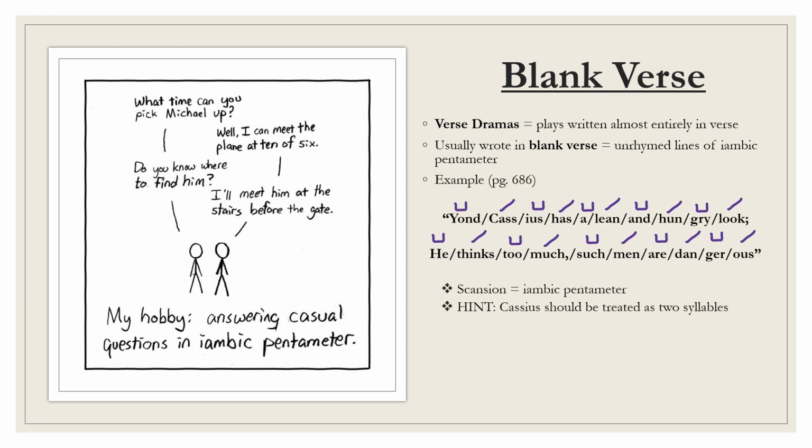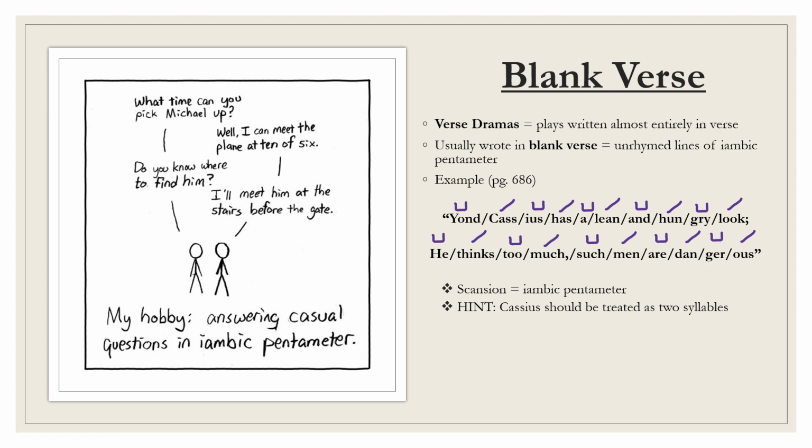And I've pasted one example here from your textbook, and we see that in these lines, they follow iambic pentameter. Young Cassius has a lean and hungry look. He thinks too much. Such men are dangerous. So you still feel that rhythmic beat, that natural human pattern of speech, and I check that with my scansion.